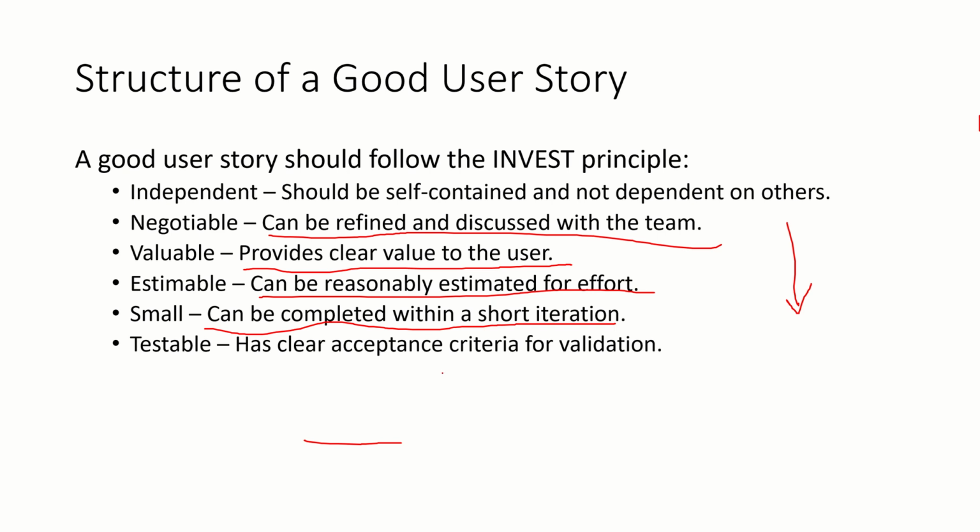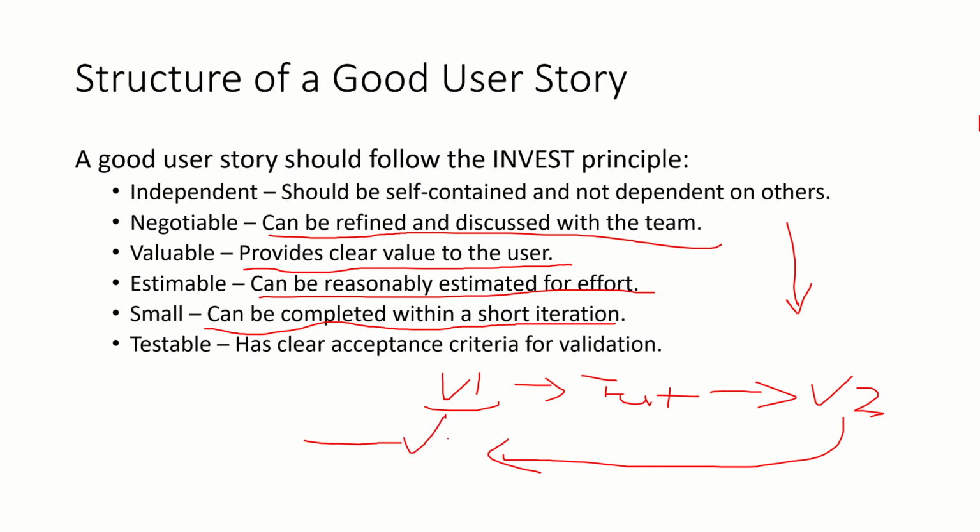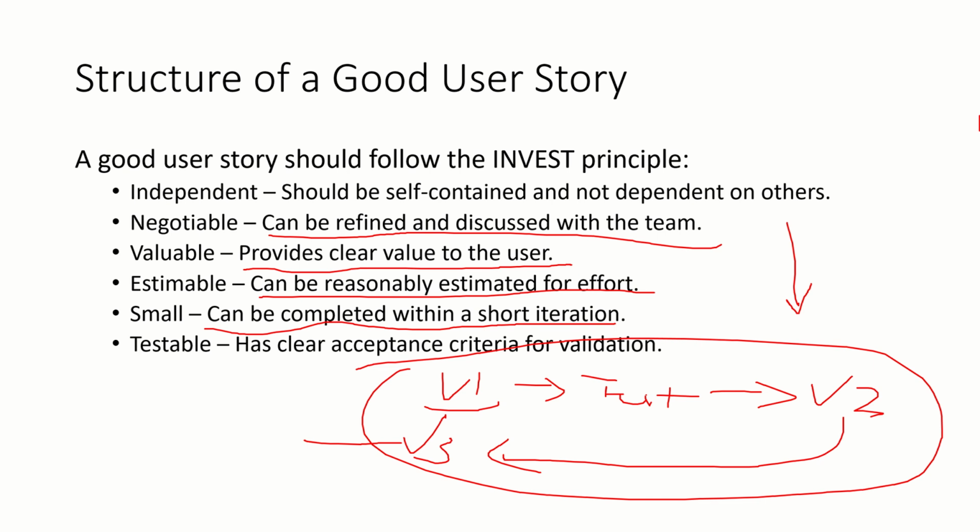We have version one, then we ask a user to test. Then we do version 2, we ask a user to test, and make this one into version 3. Sometimes this cycle only takes 1 week.